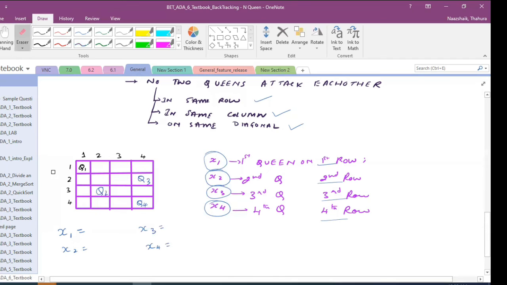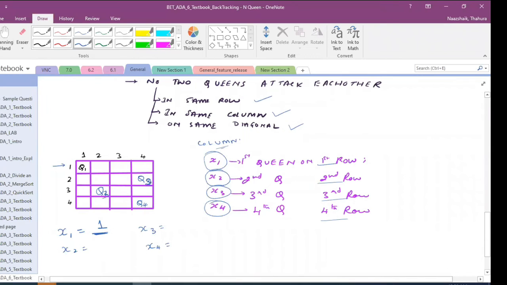So when I say x1, I always mean queen 1. What is the position of queen 1? Here, I have to give the column number. So the position of queen 1 is 1. This is 2, this is 3.